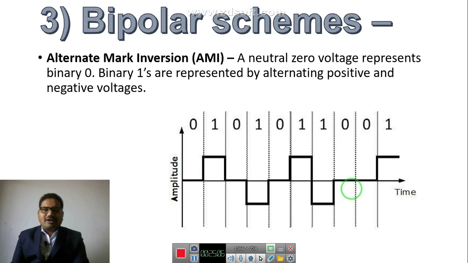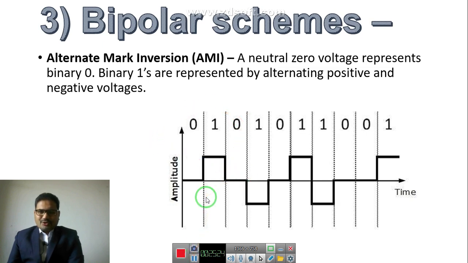A neutral voltage is represented by binary 0, and binary 1s are represented by alternating positive and negative voltage. So you can see on the screen that bit 0 is represented by 0 voltage.